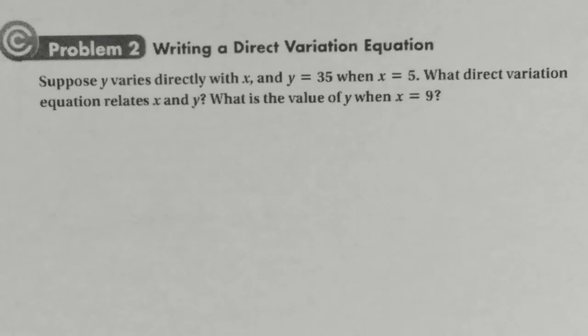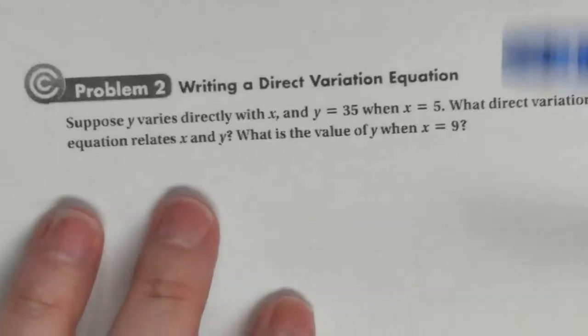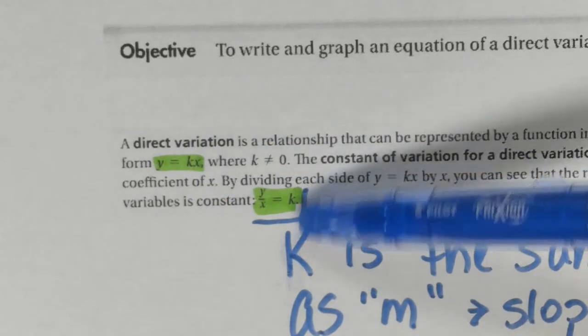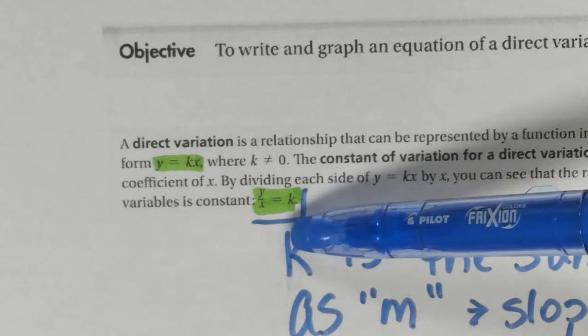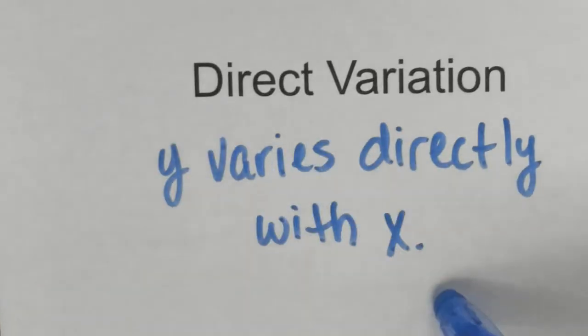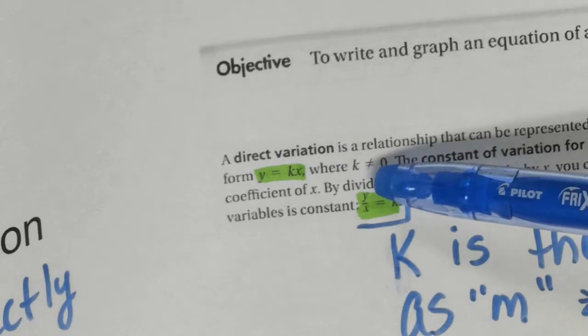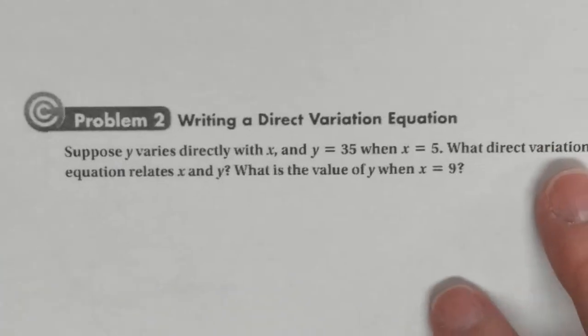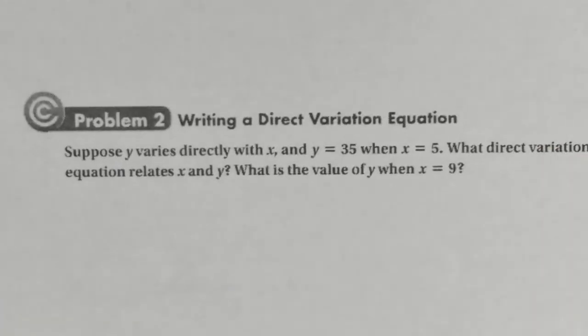So that sounds like they're asking you a lot, but they're actually just asking you to put it in the equation like right up here, these equations. And when I told you that you're going to use this one anytime they say something varies directly with something, see how at the very first one I said y varies directly with x, and here that y is above x? That matters. So here it says y varies directly with x, so which one should be on top?